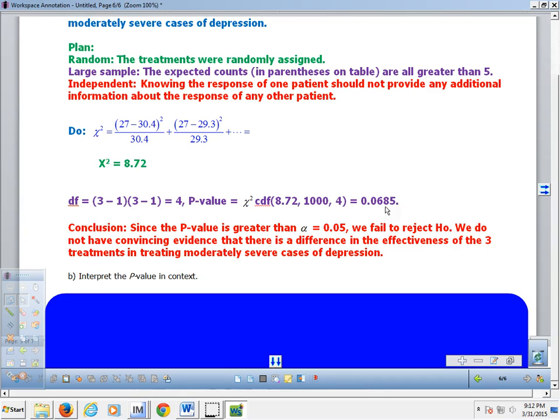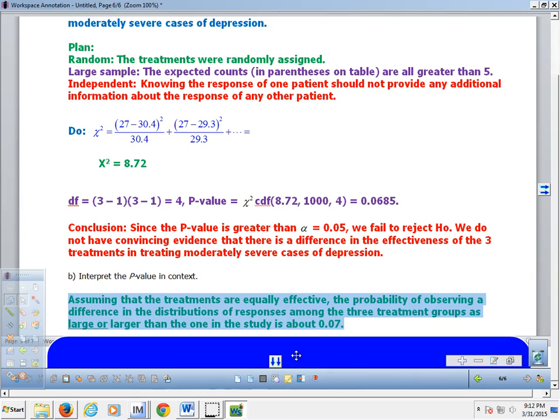Something to that effect. Now we need some context. So we could say something like, assuming that the treatments are equally effective, that's our null, the probability of observing a difference in the distribution of responses among the 3 treatment groups as large or larger than the one in the study is about 0.07, about 7%. Is how we can word the p-value there.